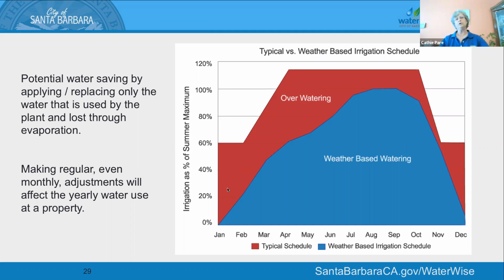And if you look at the blue zone, if you make adjustments, all of that red is water that's basically wasted. The plants don't need it. You're overwatering the soil and it's just going below the plant root zone, and you're paying for water that's not getting used. So changing it, even if it's monthly, using the percent adjust, is a great way to go. Let's go to the next slide.